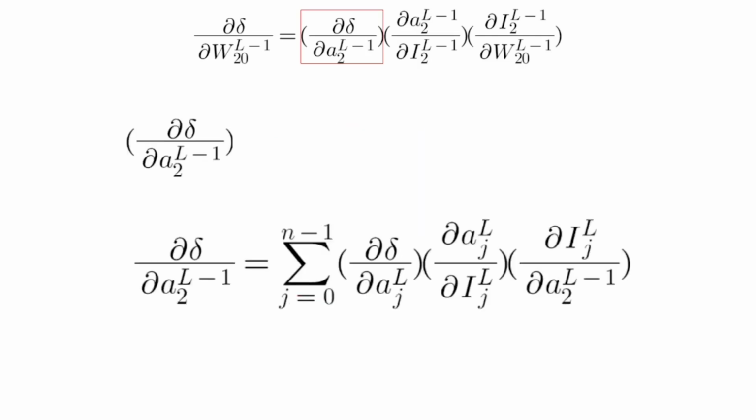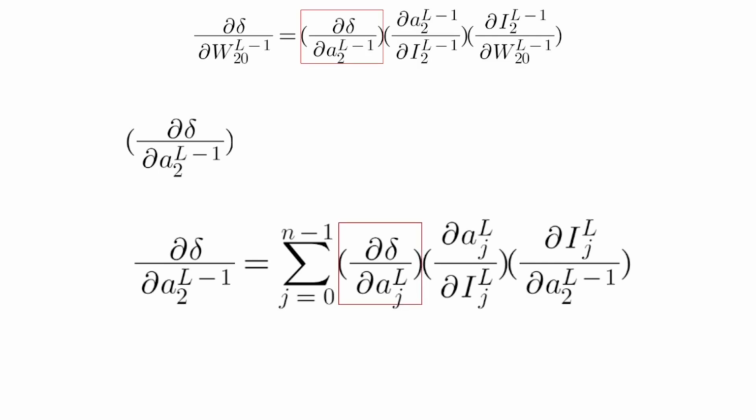Bringing our focus back to the term we're trying to solve, applying the chain rule to the derivative of our loss with respect to our activation output will give us the summation of j from 0 to n-1, with n being the number of nodes in layer L, of the derivative of our loss with respect to the activation output of node j in layer L, multiplied by the derivative of this activation output with respect to the input of that node, multiplied by the derivative of the input with respect to the activation output of node 2 in layer L-1.